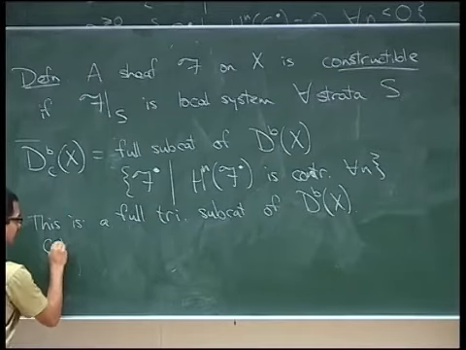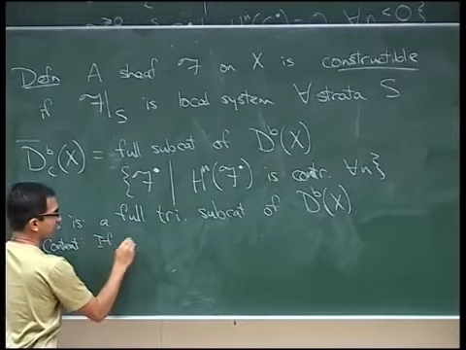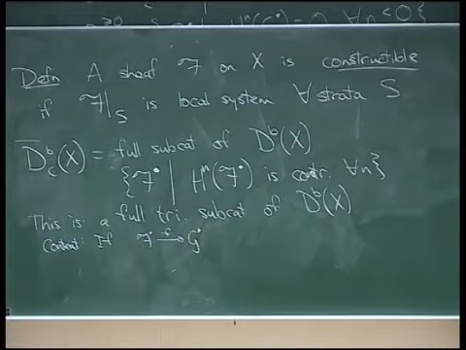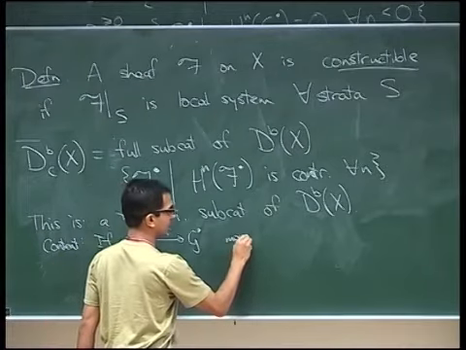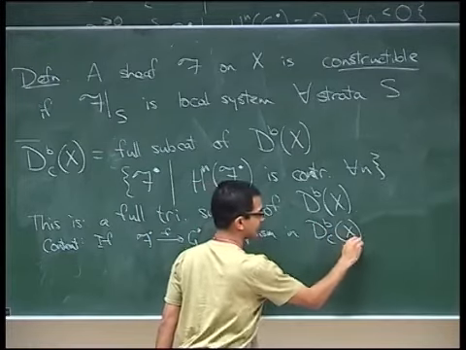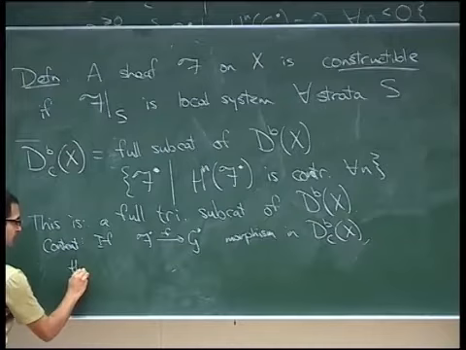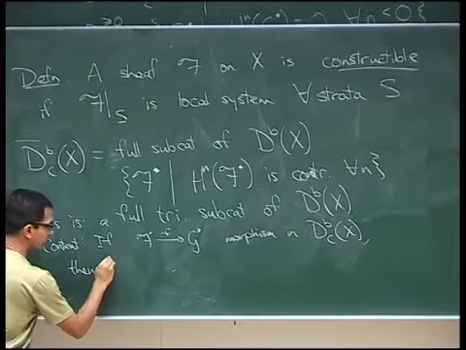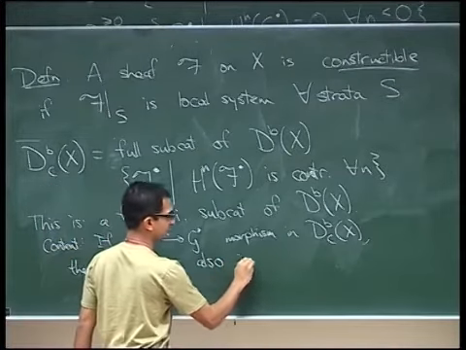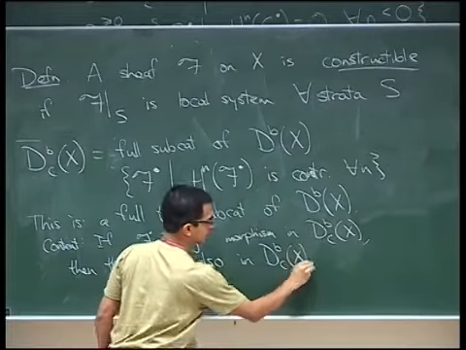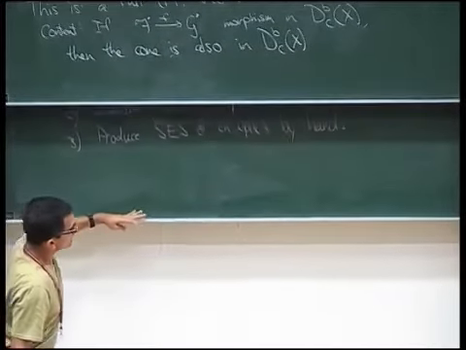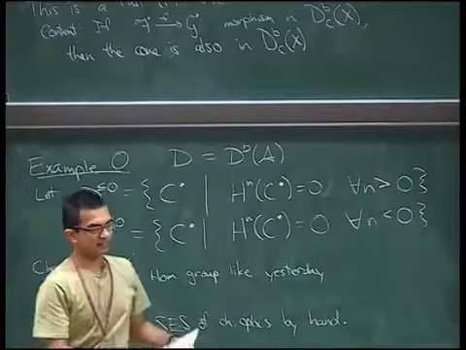So the content here is that if you take any morphism between two complexes of sheaves in the subcategory, so if this is a morphism in DbcX, then the cone on that morphism is also in the subcategory.